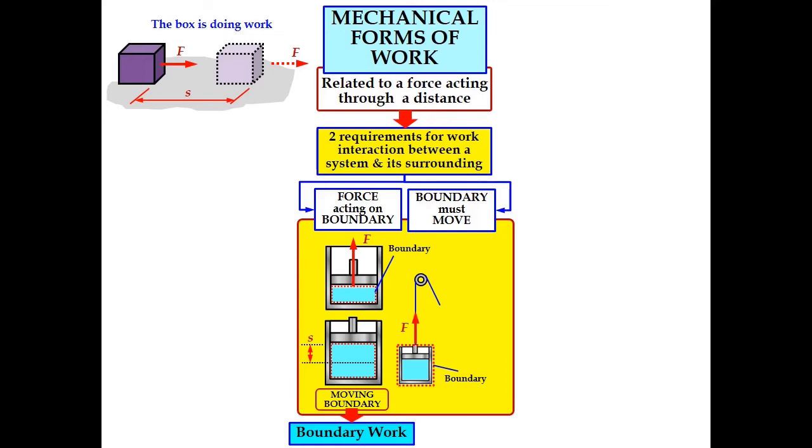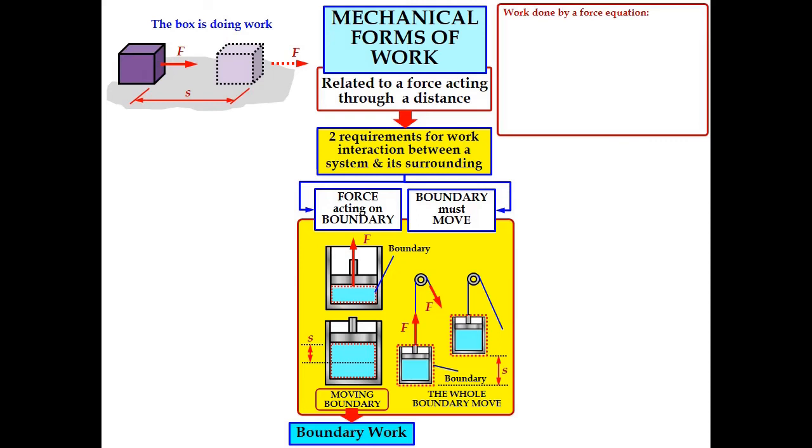When we apply a force through the pulley, the whole system will move a specific height or a specific distance. So in this condition, the whole boundary is moved. Okay, the system is actually doing work. Okay, so we have the mechanical work. So these are the mechanical forms of work.